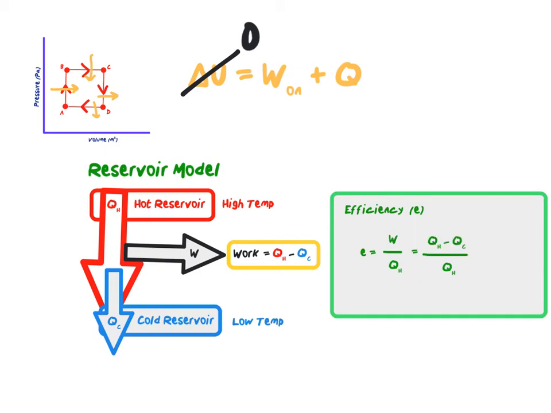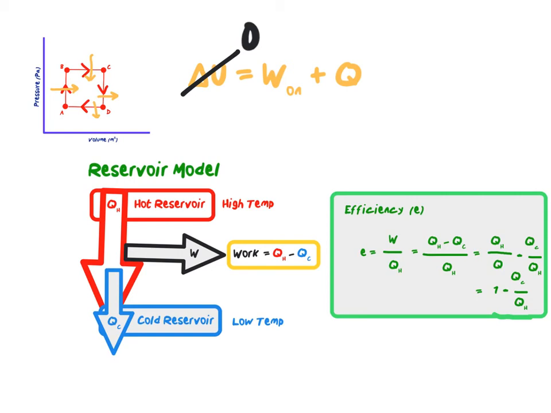We can also write it in this form because we've just established that work can be written as QH minus QC. So I can write QH minus QC over QH. And then by simplifying and splitting this fraction, I would have QH over QH, which is 1, minus QC over QH.